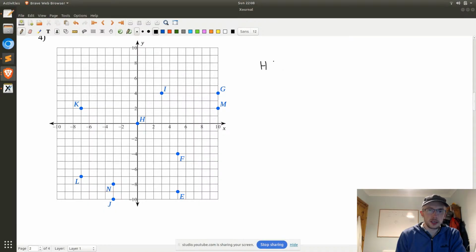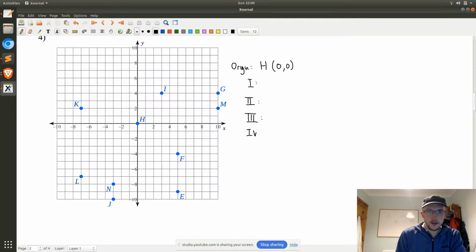Yes, going quadrant by quadrant. 0, 0, 3, 4. Quadrant I. And yeah, I like that.